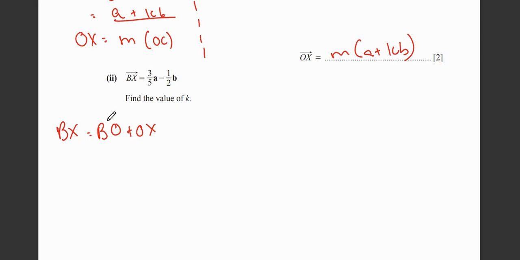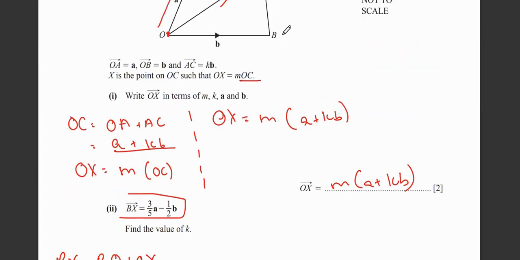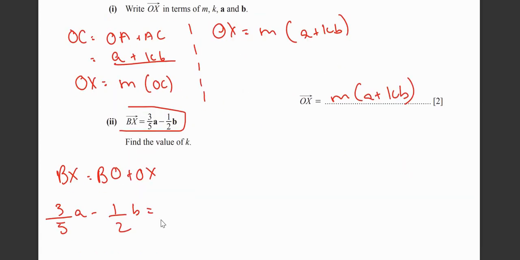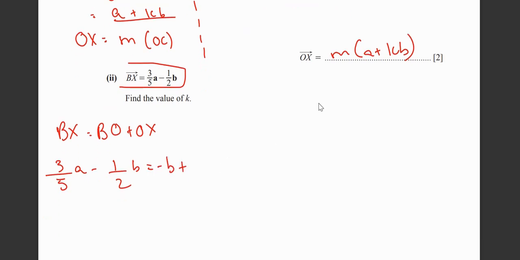So BX we already know the value. Instead of BX I will write 3 upon 5 A minus 1 upon 2 B is equal to BO plus OX. BO is, we are going in the negative side, opposite side of OB. So it's negative B plus OX. We already know the value of OX. It's M bracket A plus KB.